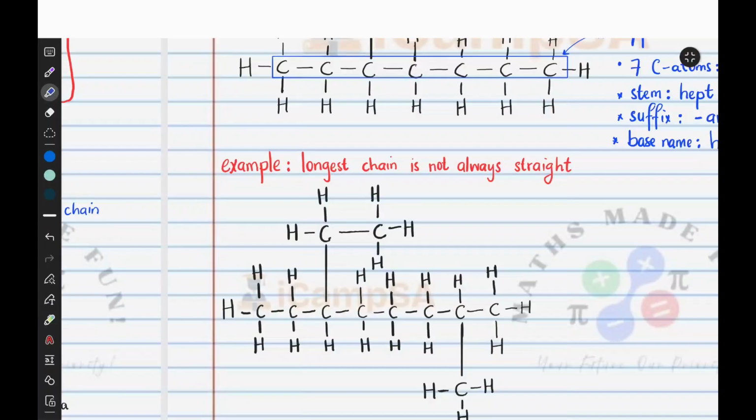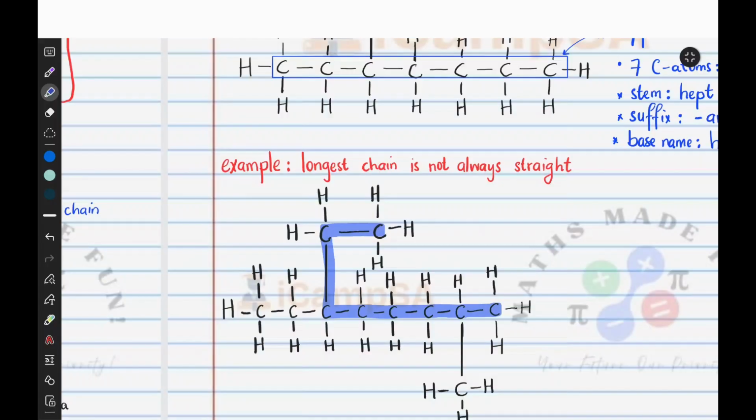So let's find from here again, 1, 2, 3, 4, 5, 6, 7, 8. If you check, the highest number that we have seen is 8, and there are about 3 continuous chains that we can identify that have 8 carbon atoms in them, right?